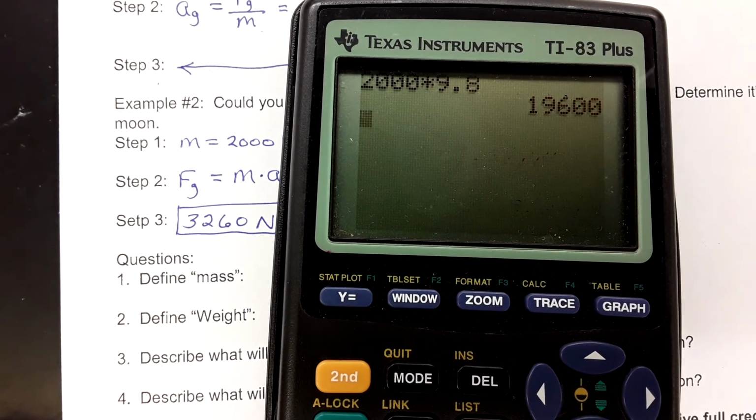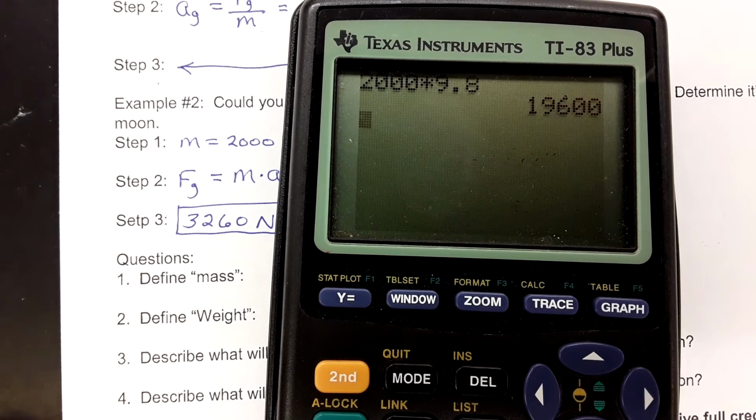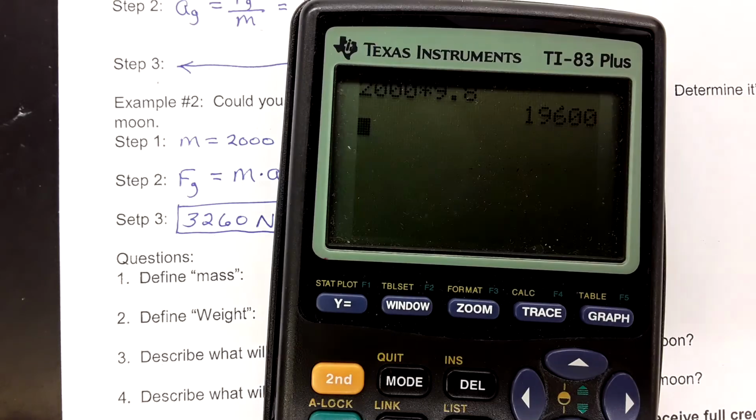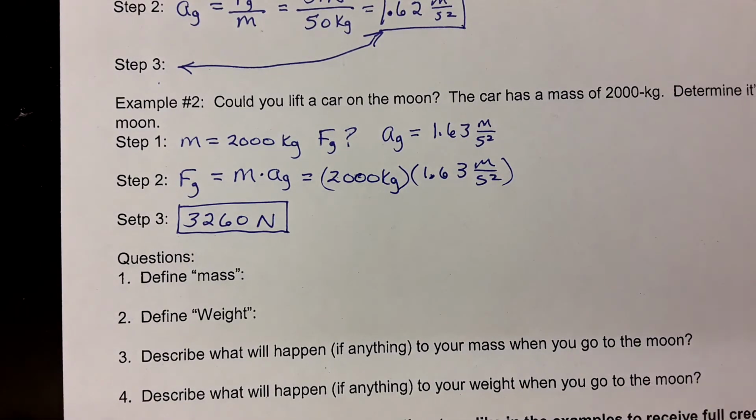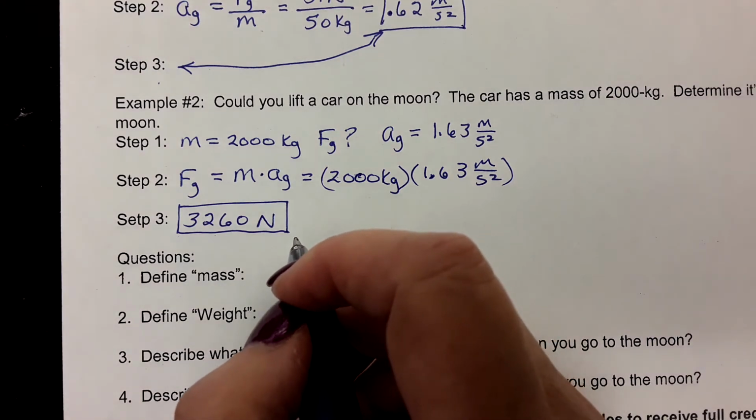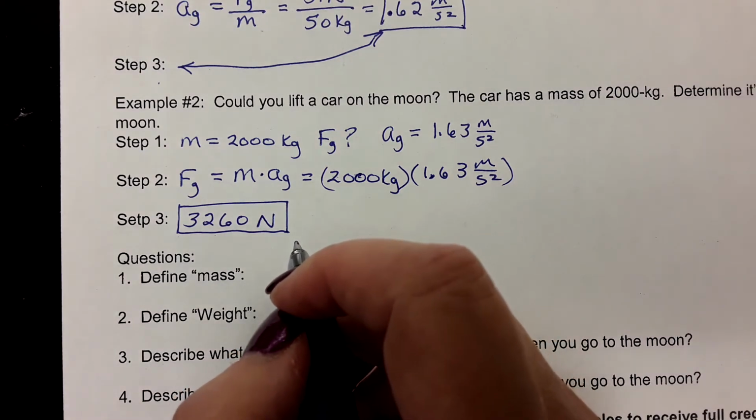So it is possible, especially if you have a smaller car like a little MG Midget or a smart car or a Fiat, maybe a little car. It is quite possible that you might be able to lift it or at least turn it over.